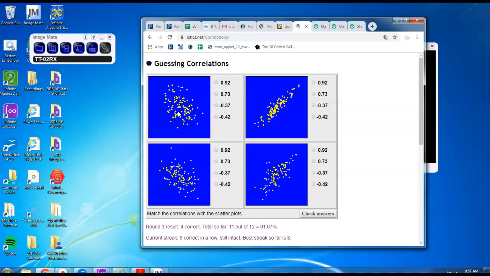Top left. Describe that data. The order of your form, direction, strength does not matter. You could do strength, direction, form. You could do strength, form, direction, whatever.